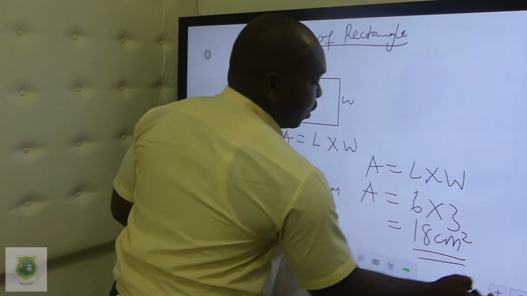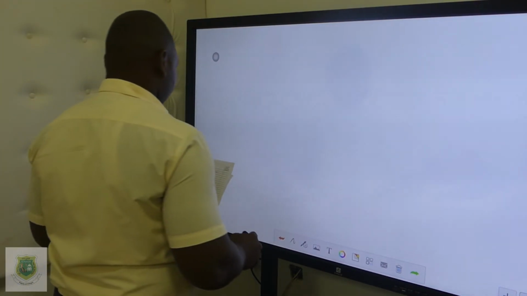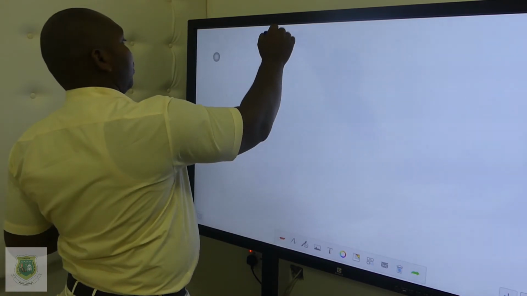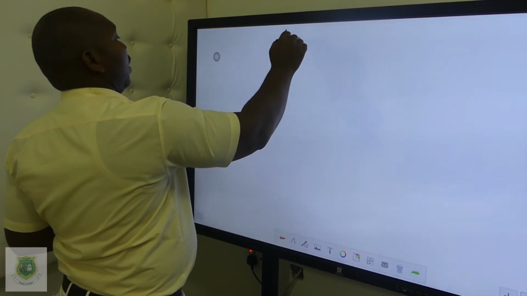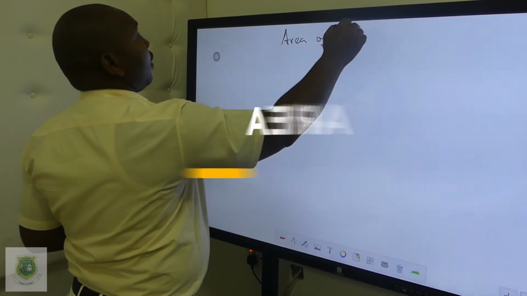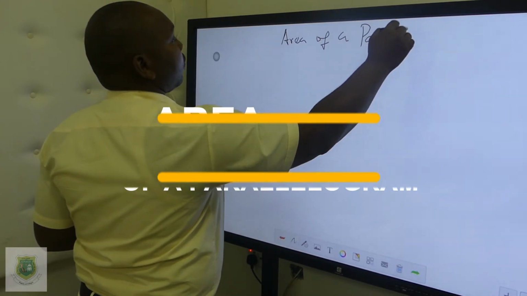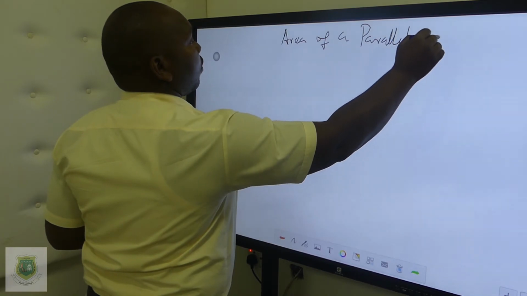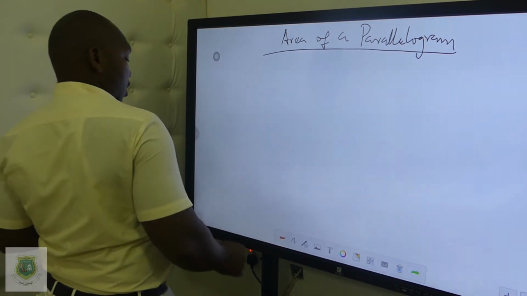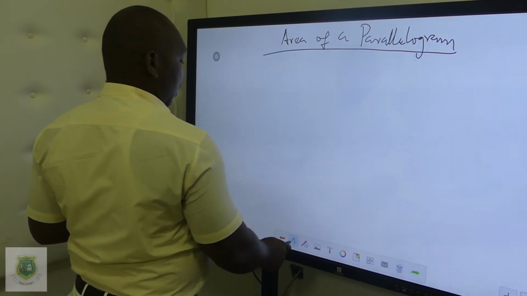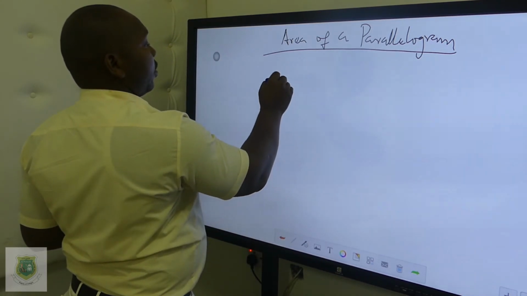Then the one we are going to look at again is the parallelogram, the area of a parallelogram. Let's draw the parallelogram.